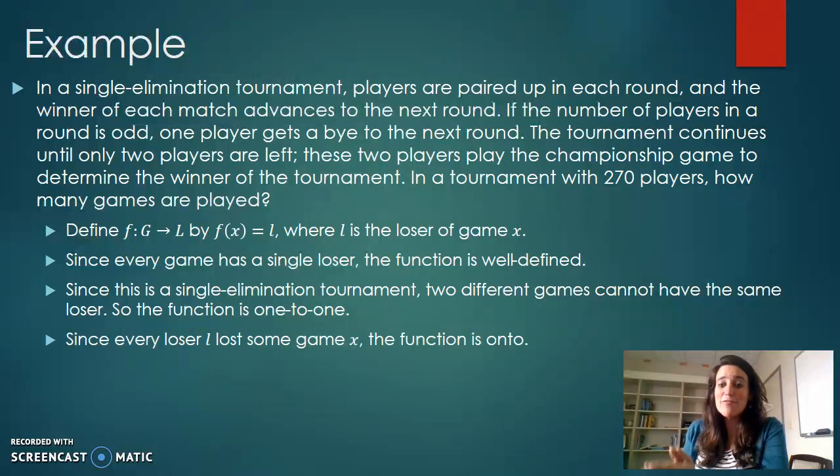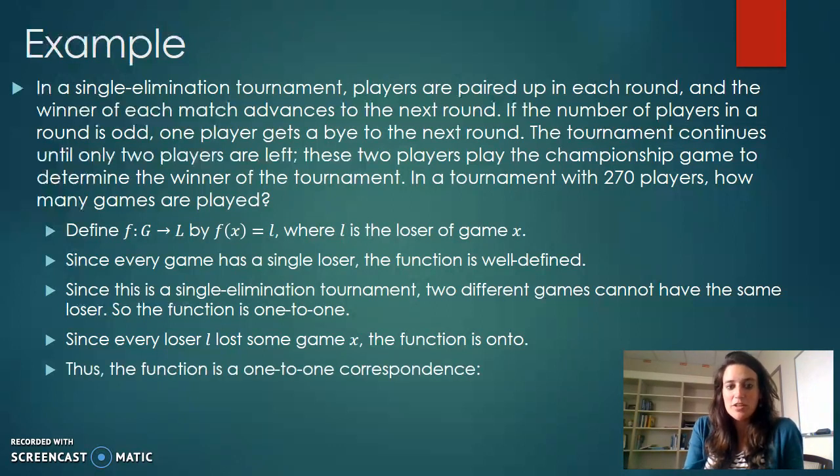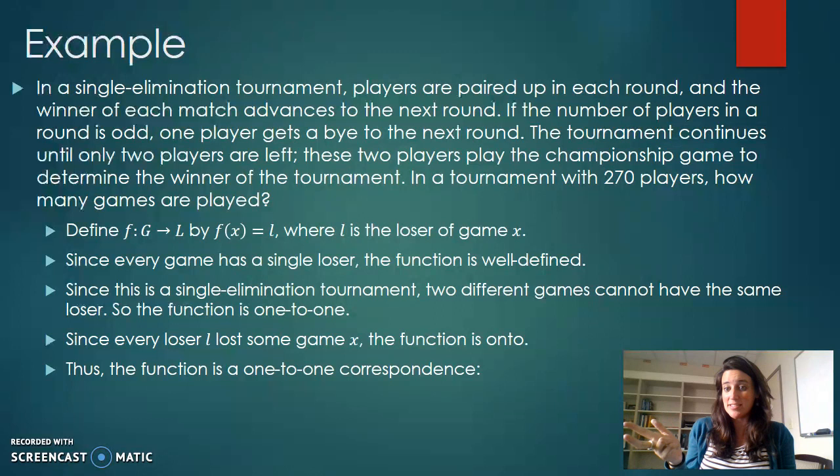And since every loser lost some game x, this function is onto. Every loser has an input, a game, that maps to it. So this function is a one-to-one correspondence. It's a function that's well defined, it's one-to-one, and it's onto.